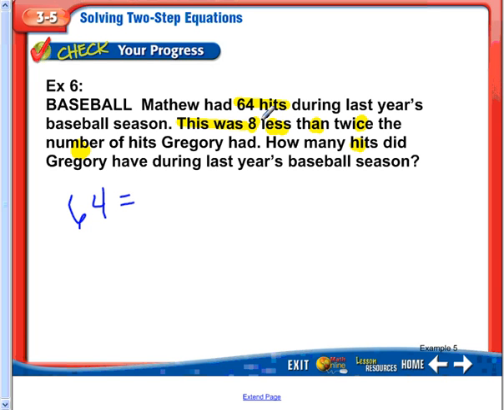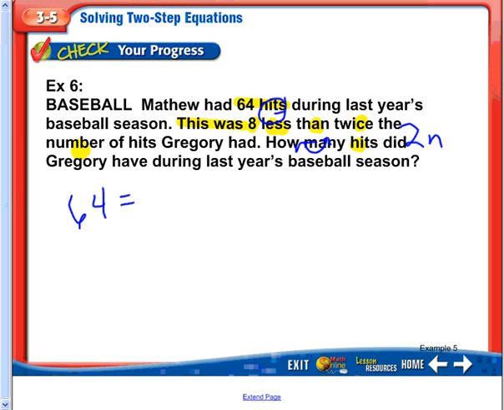So I know I'm looking for the number of hits. We had some keywords while reading this sentence. I had a number 8, so I know I'm going to be using the 8. Less tells us that we are going to be subtracting. Then tells us we need to switch the order of how we see things.